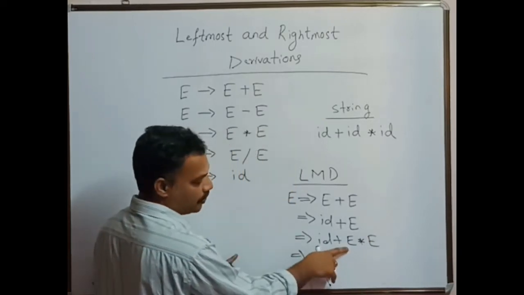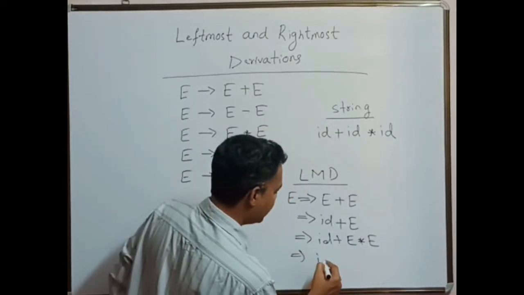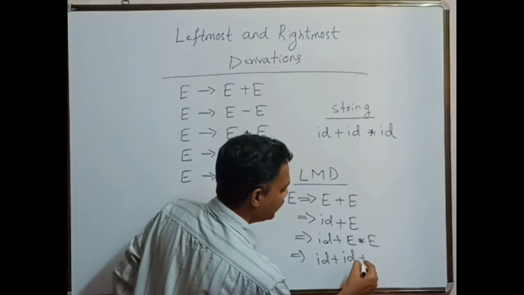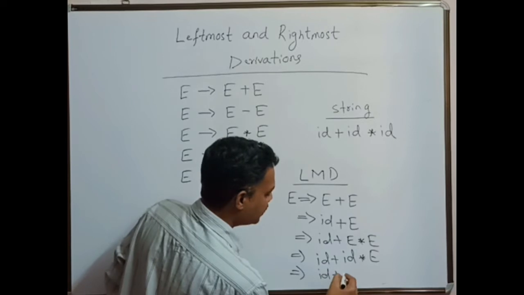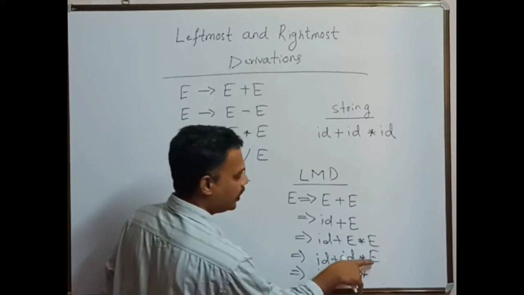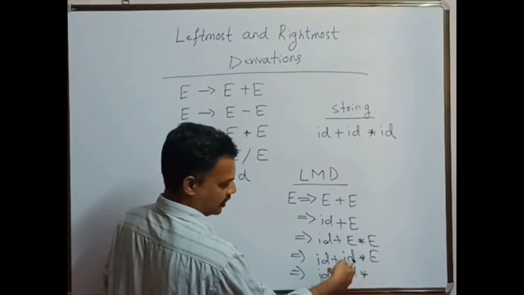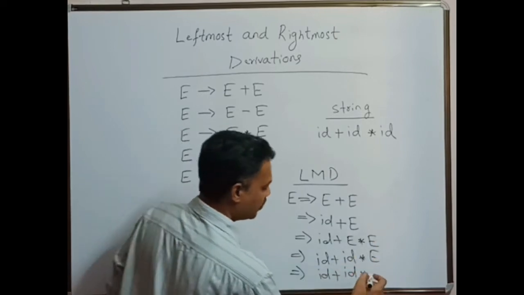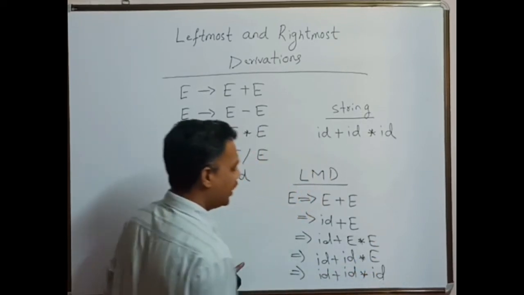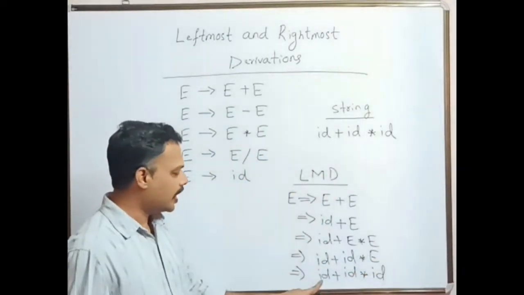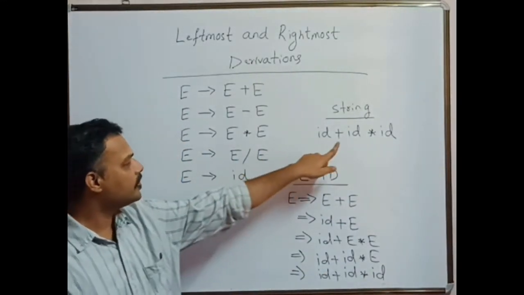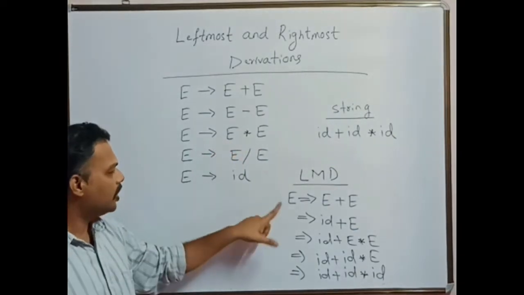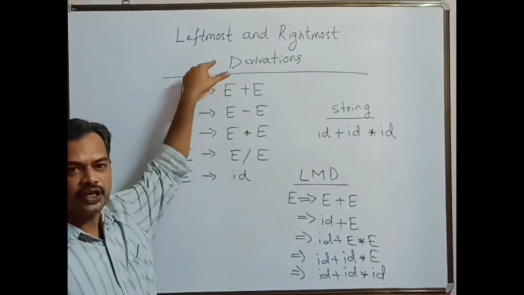Now I am supposed to replace the leftmost only, ID plus ID star E. And finally I will replace the one and only variable, which is, as of this moment, leftmost only, by ID. So I got my target string, ID plus ID star ID. So this is about how we can derive a string using the context-free grammar through leftmost derivation.